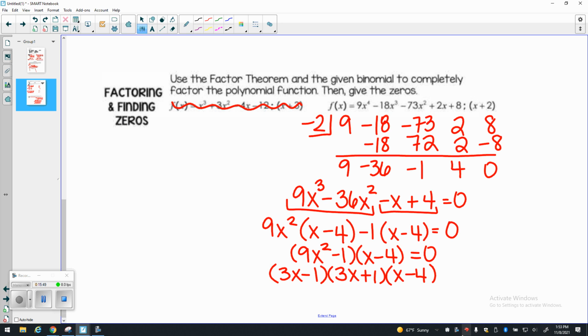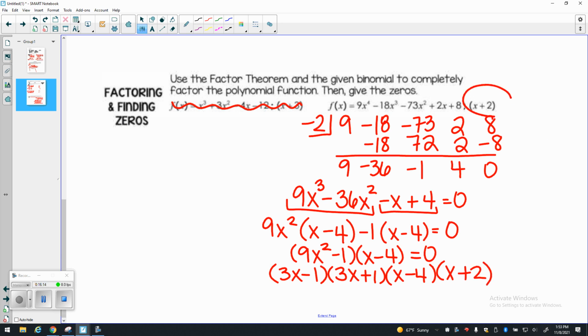How many factors do I need though? What's the degree of my original function? 4. How many factors do I need? 4. How many do I have written down there? 3. Where's my other one? My factor though, not my 0. My factor is x plus 2.